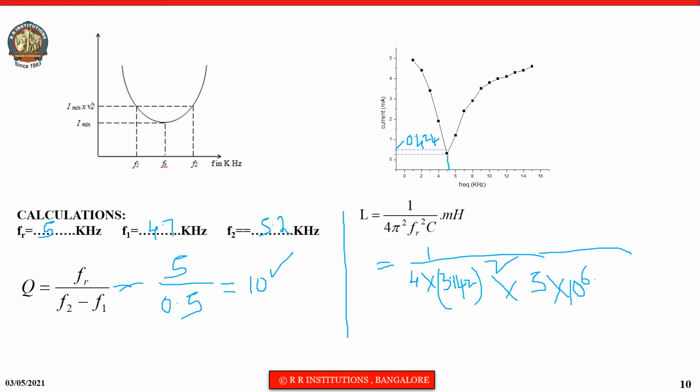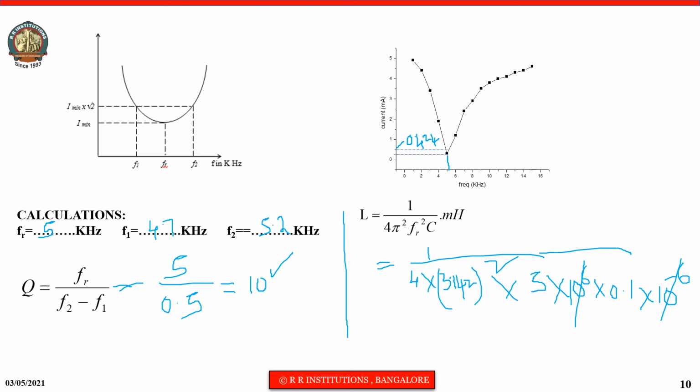And the capacitor value is 0.1 microfarad, so 0.1 into 10 to the power of minus 6. Minus 6 plus 6 get cancelled. So 5 into 4 is 20. 20 into 0.1 is 2.